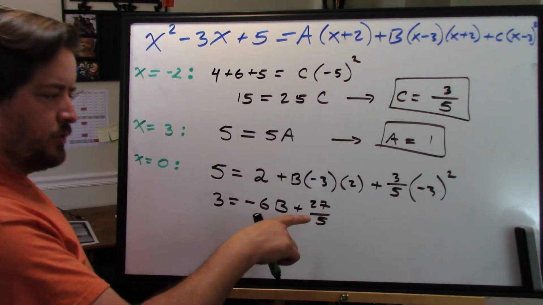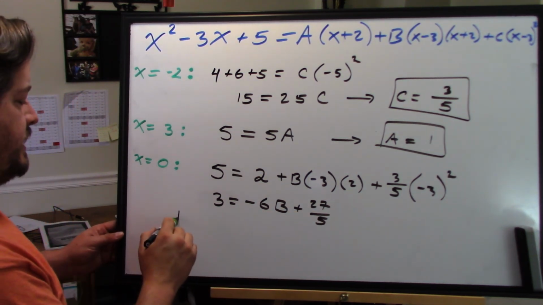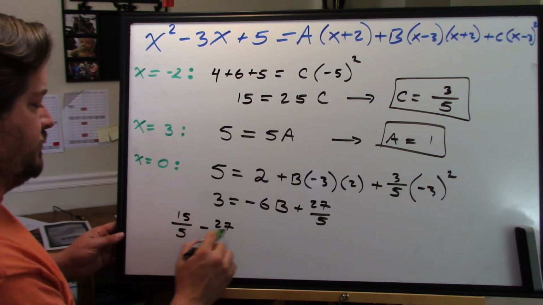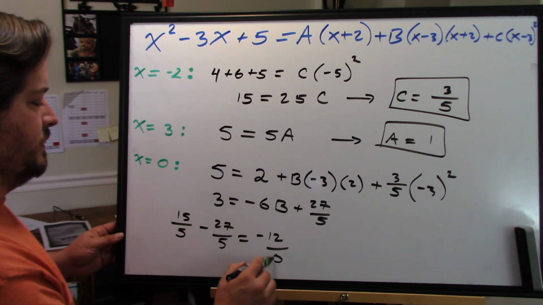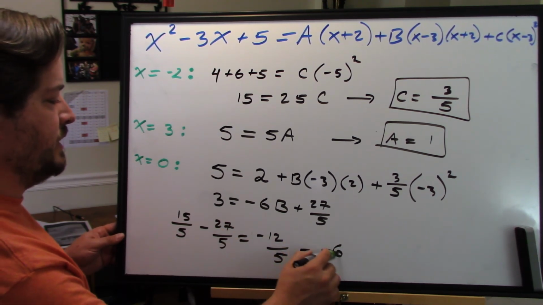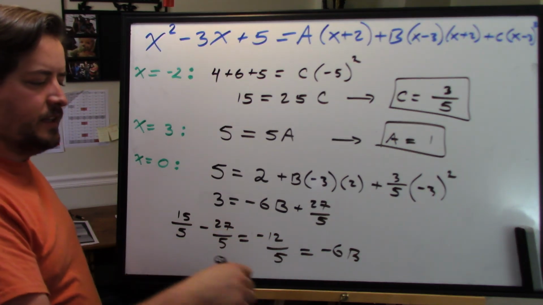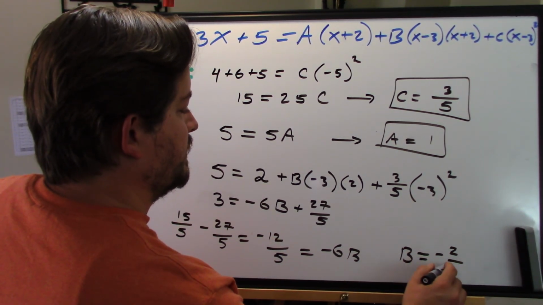So I would subtract my 27/5. This 3 I can write as 15/5 minus 27/5, which is -12/5. And that's equal to -6b. Both of these are divisible by -6, that leaves me with b is equal to -2/5.